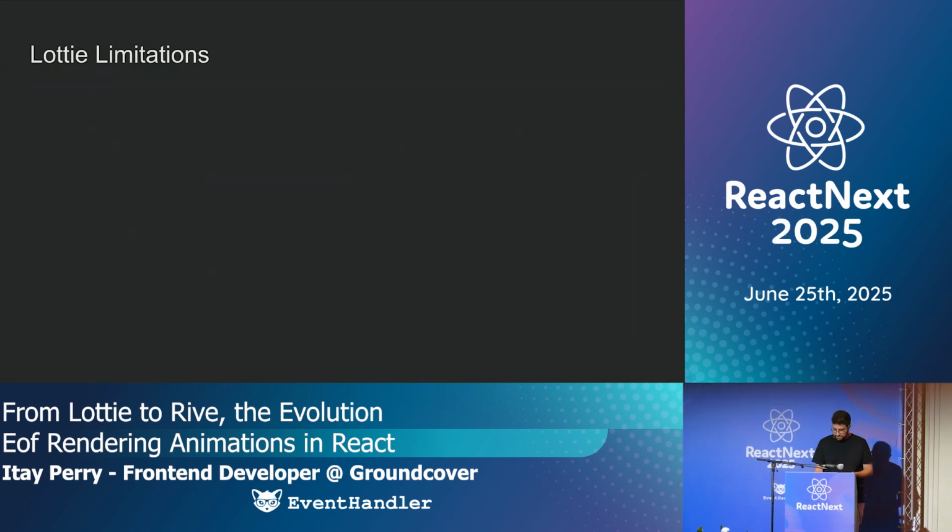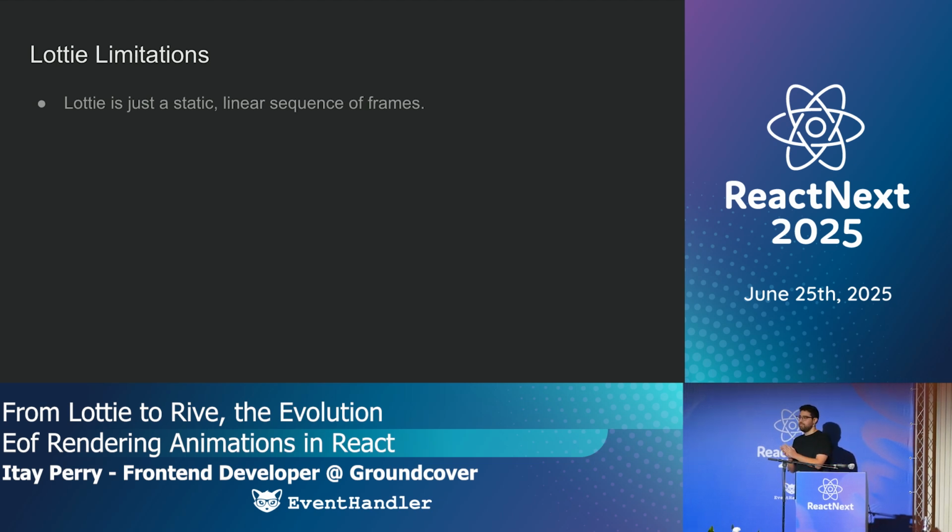Now, there is this little thing that I didn't tell you about Lottie animations. They have this limitation that most of them are just static linear sequences of frames. Now, a sequence of frames is a good thing. But because it's static and linear, you can't really do too much with it.